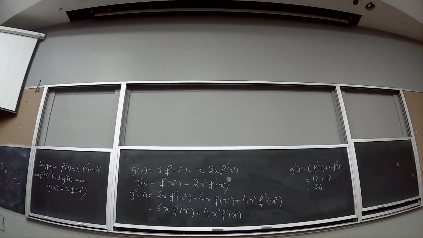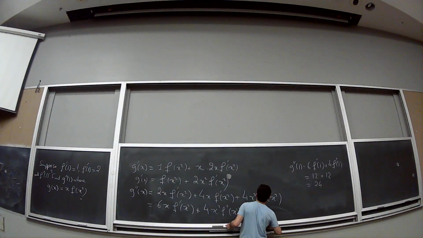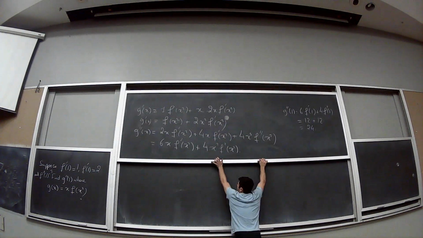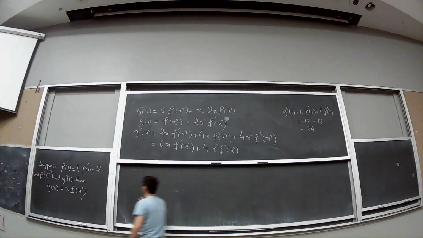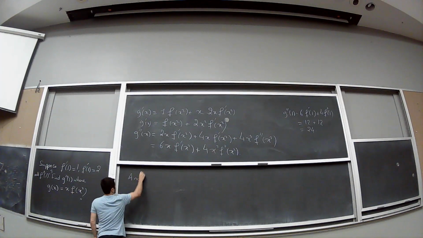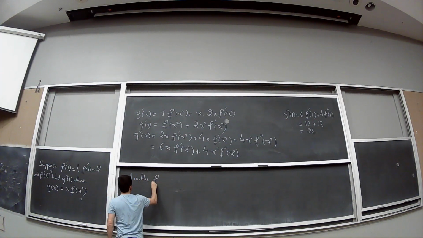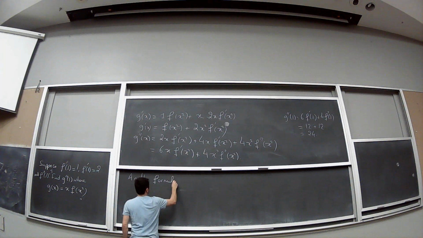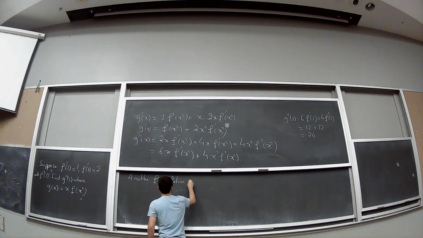And then let us try to see another way to see the chain rule. I mean, I have not introduced it this way. So, another formulation of the chain rule. I mean, it's not another formulation really, it's an equivalent one.